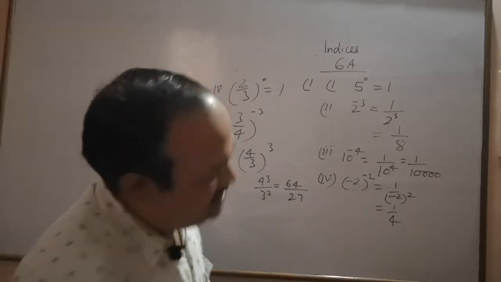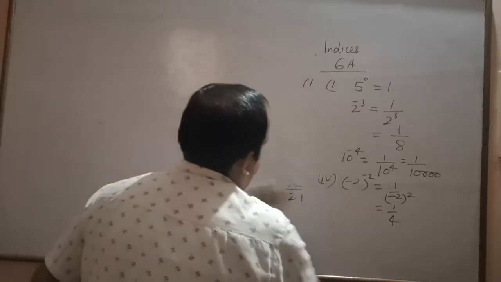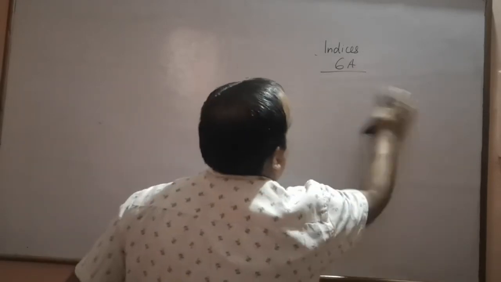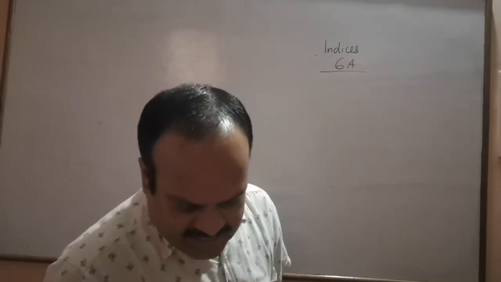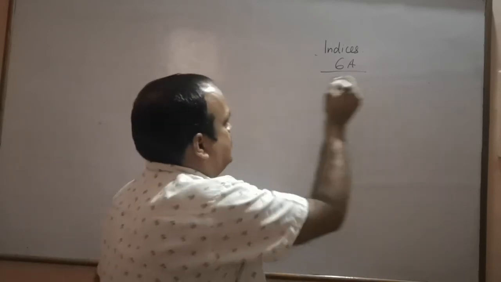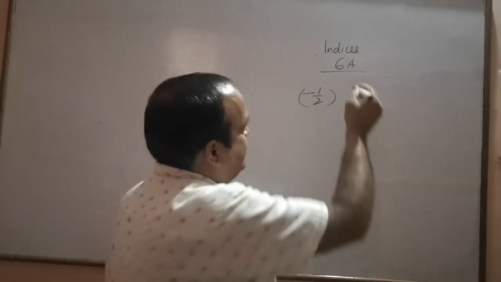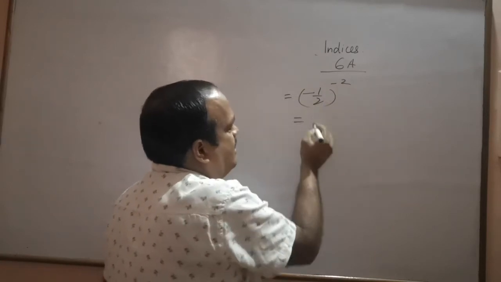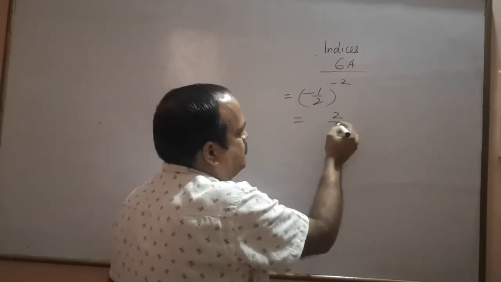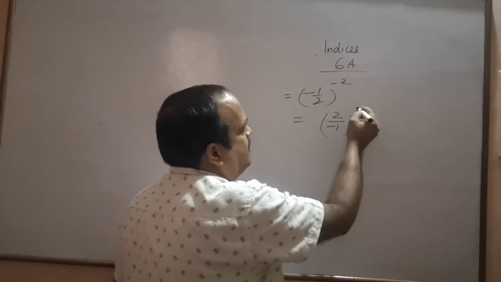Another one. What is that? Minus 1 upon 2 to the power minus 2. So to get the answer, we will be writing 2 upon minus 1 to the power 2.